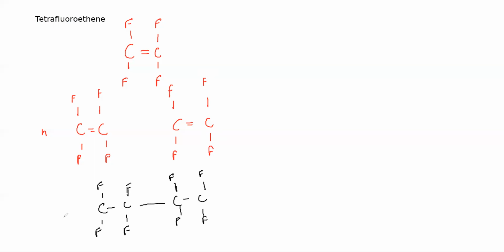And they link together by a single bond and form N molecules, continuing till N. If the monomer was tetrafluoroethene, what is the name of the polymer? What will be the name of this polymer? Polytetrafluoroethene.